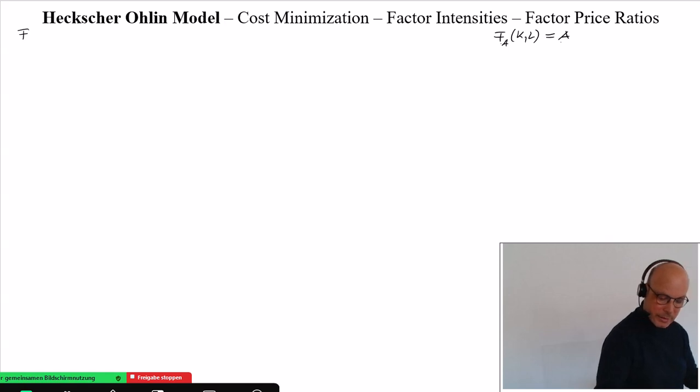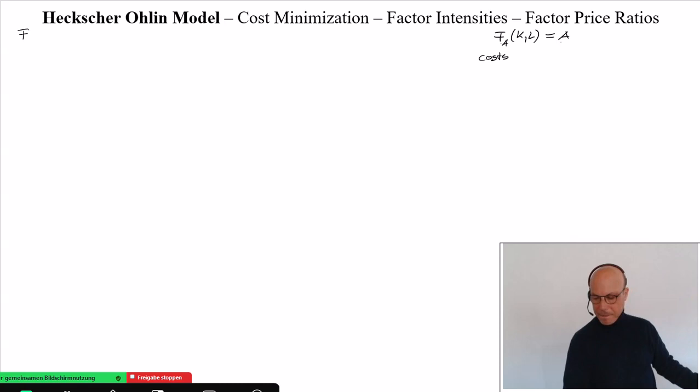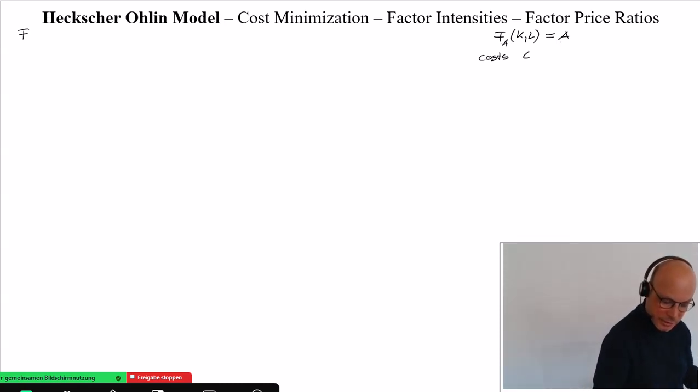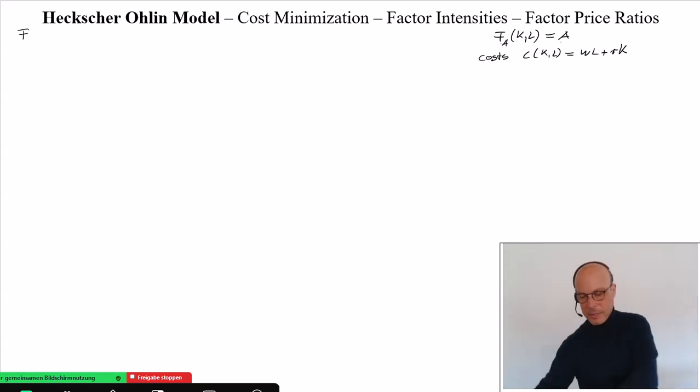This is our amount of A, and we have our costs, and these costs are C of K and L, which is wages times labor plus interest rate times capital.